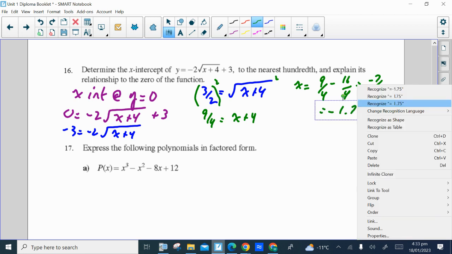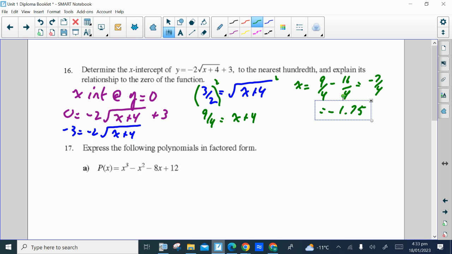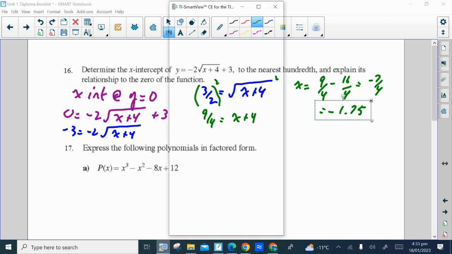-1.75. Remember that there are no negative answers for numerical response, but for written response, there would be. There's no place on the numerical response portion to bubble in a negative sign. So if you're doing numerical response and you get a negative answer, you've made a mistake. And remember, there's so many of these questions you can check on your graphing calculator.